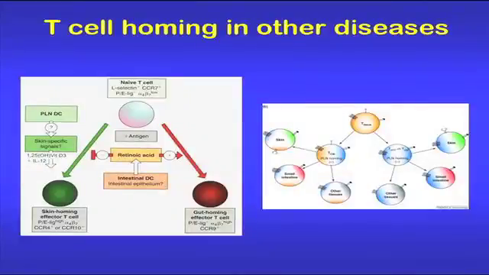I said that at the very end we want to consider T-cell homing in other diseases. So in the cartoon that I'm showing you, a naive T cell, and there are some indications under the title there of what molecules are on the surface of that cell, is shown by a white ball.